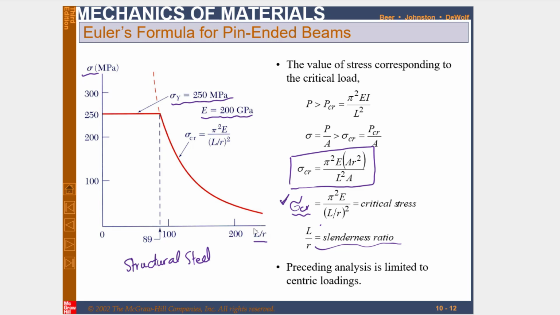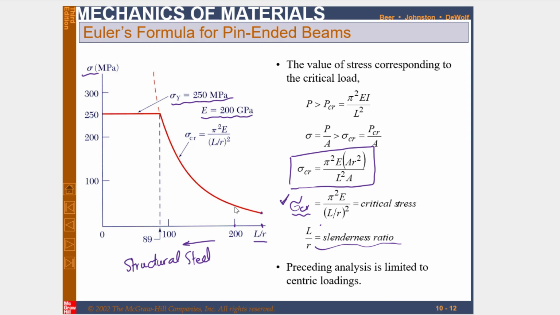Now if you look at this graph, you can see here the L over R is greater, and L over R is reducing on the left side. Clear? So when L over R is high, you can see the stress corresponding to this L over R is this one.